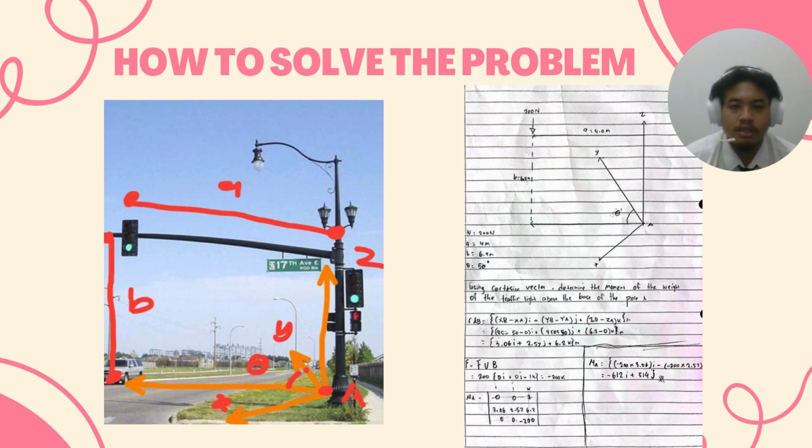After solving this equation, we will get 3.06i plus 2.57j plus 6.3k.